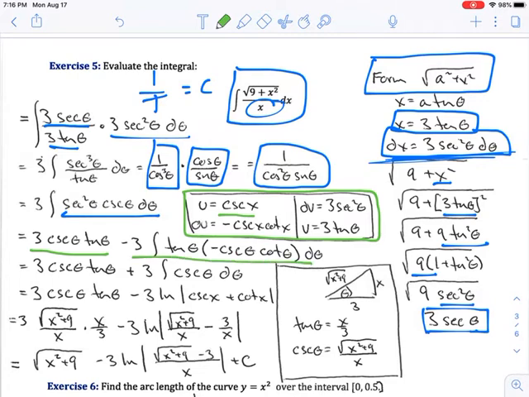And let's see, can that simplify at all? Well, cosecant, cotangent, if you play around with those and do what I did up here, try to get everything in terms of the same trig function, you can actually get this whole thing to simplify down to cosecant. You can probably see that pretty easily right here.